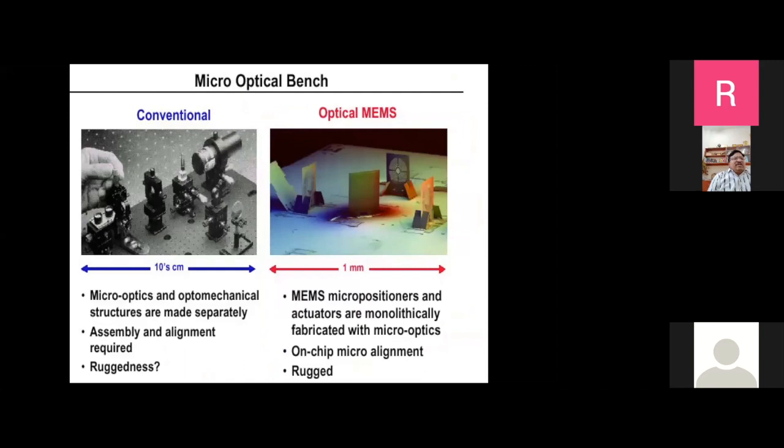This is one of the dramatic developments in optical MEMS. On the left-hand side, you are seeing a conventional optical bench where you put all these stands and mirrors, and on top of that, you mount lenses, mirrors, prisms, and all these bulk optical components. On the right-hand side, what you see is the same optical bench made on a silicon wafer.